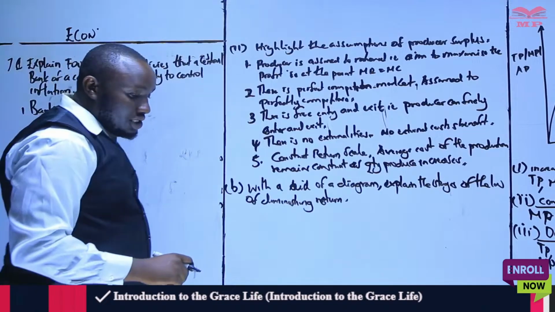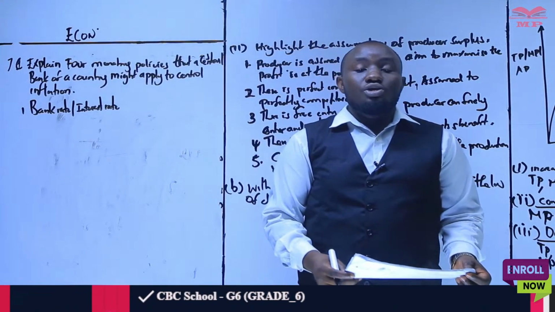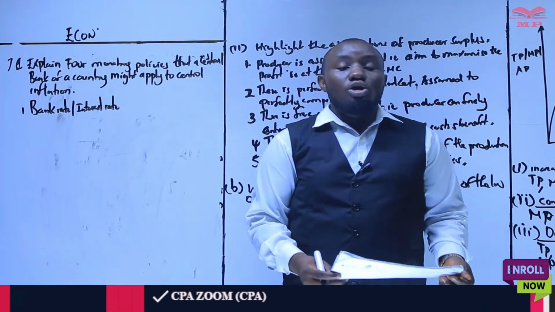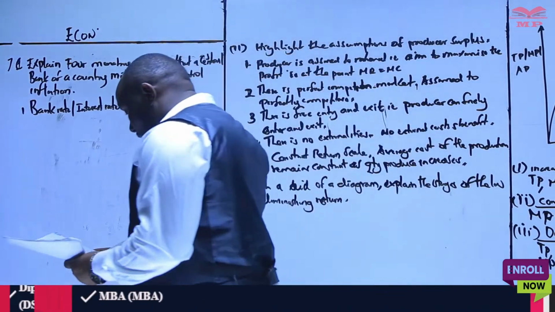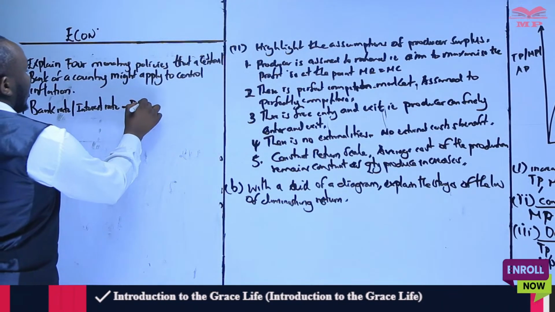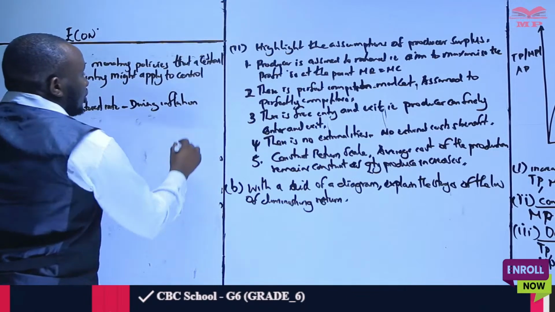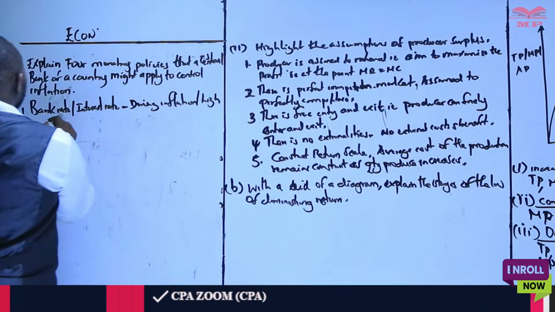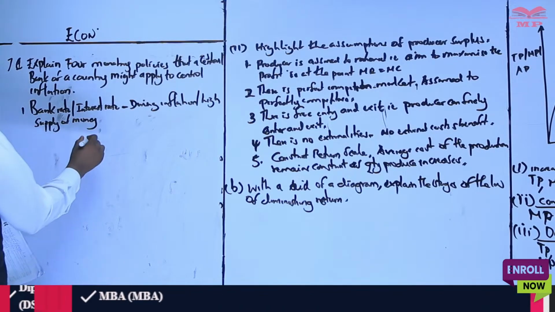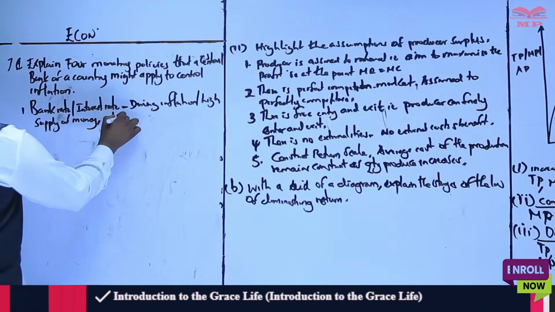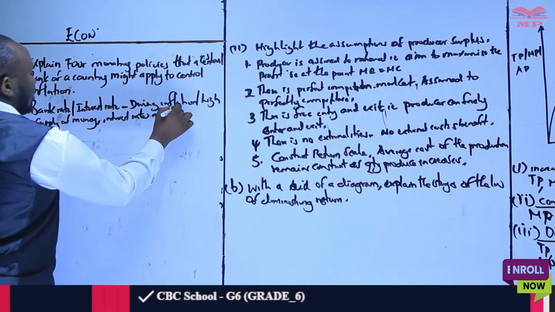When the supply of money is high, the interest rate is usually raised to reduce the money supply, or to reduce inflation, and vice versa. So during inflation, stroke high supply of money, interest rates are raised.